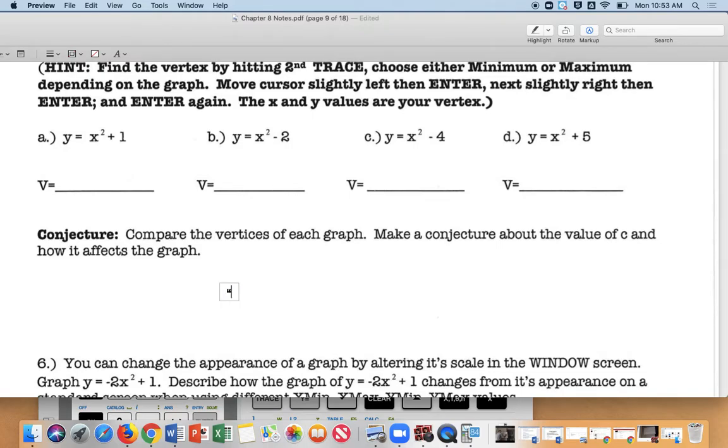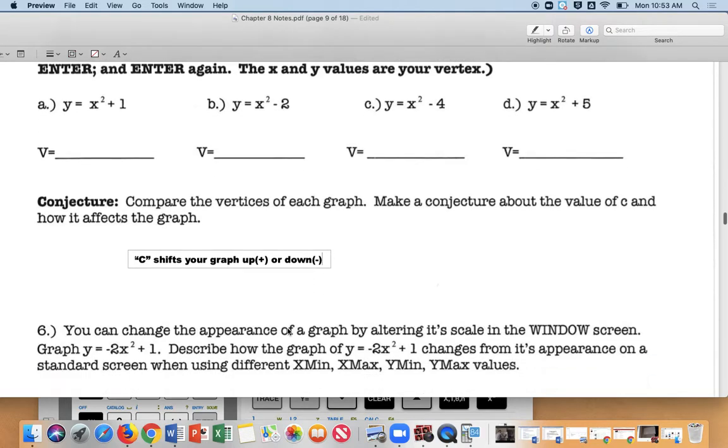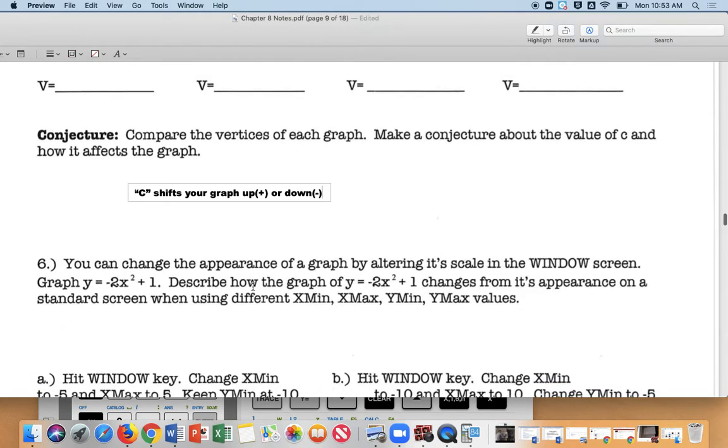So this C value shifts your graph up or down. It shifts it up if it's positive and down if it's negative. So we can change the appearance of the graph by altering its scale on the window screen.